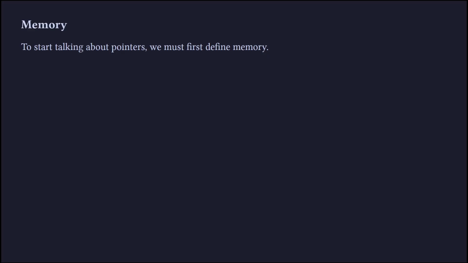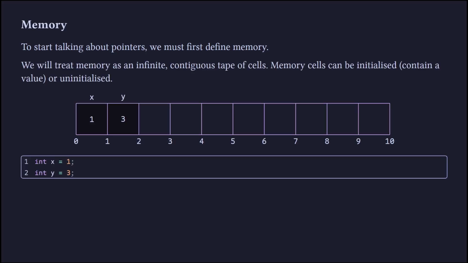To talk about pointers, we're just going to use a very simple definition of memory. We'll treat memory like a big tape of cells. When I show this visualization on the screen, I'm showing a slice of that tape. In practice, it's not contiguous.